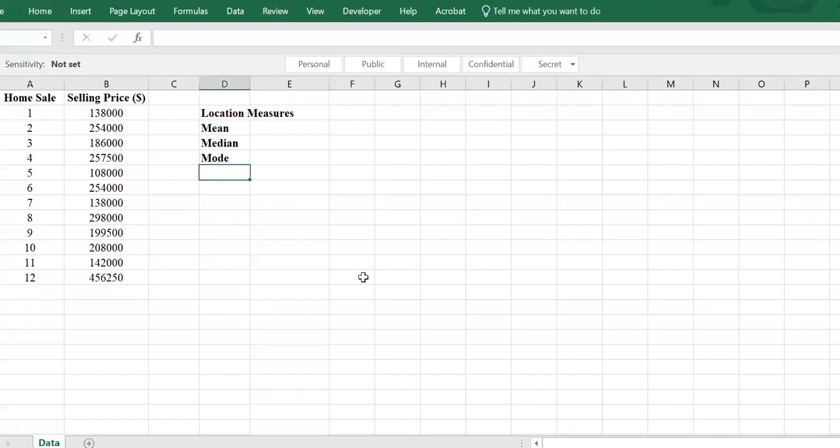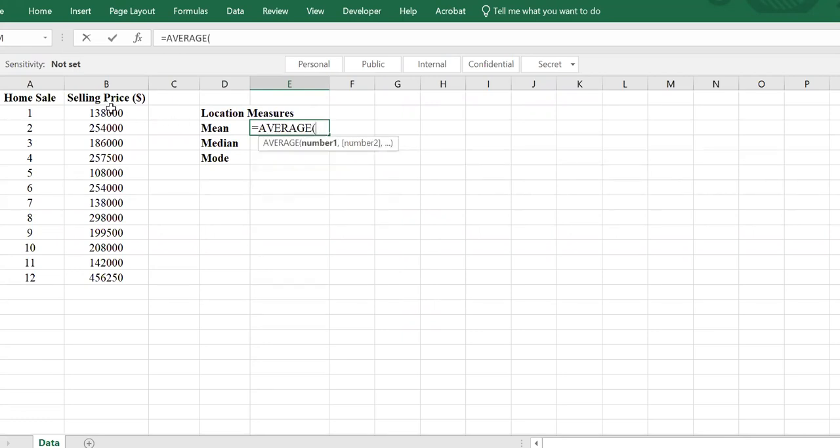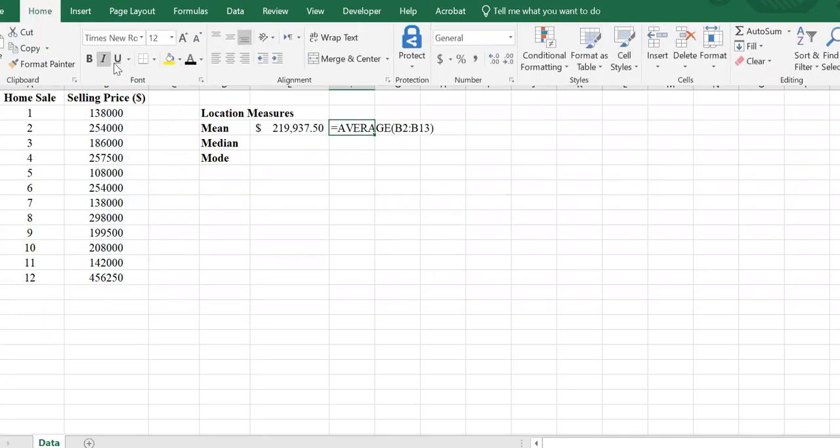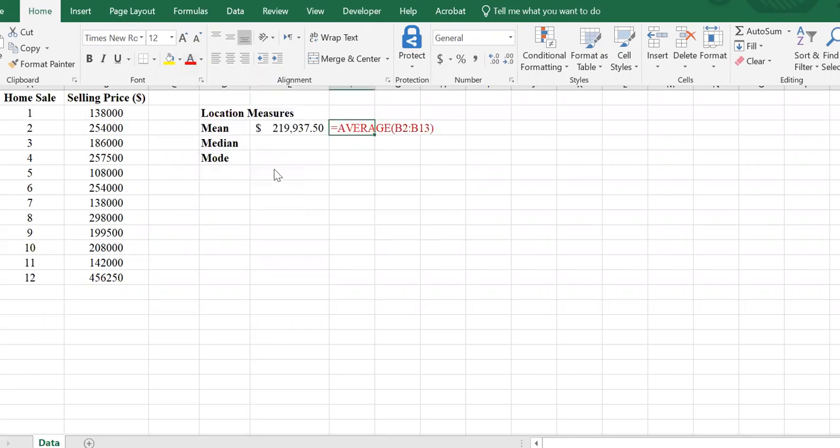So it's just the sum of observations divided by the number of observations, which gives you the simple average, right? In Excel, the function is going to be average of the observations, average B2 to B13. It's going to give you the simple mean.